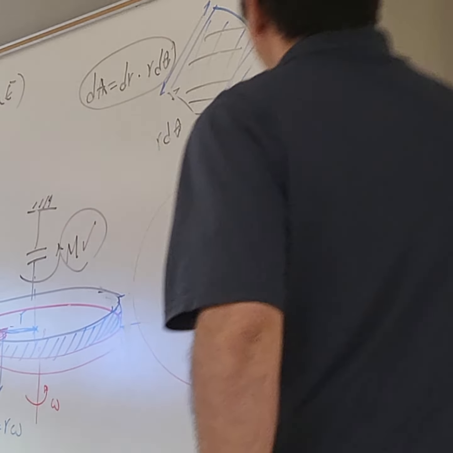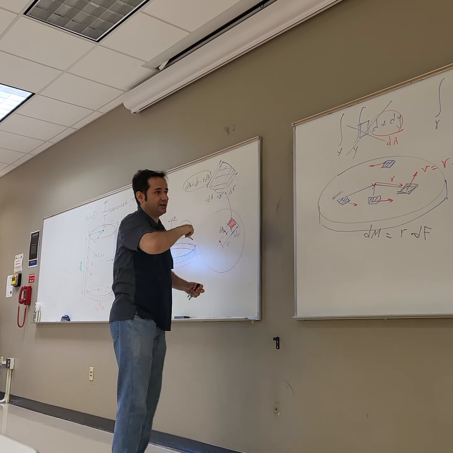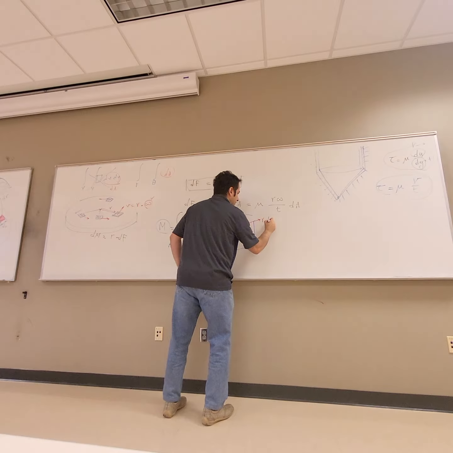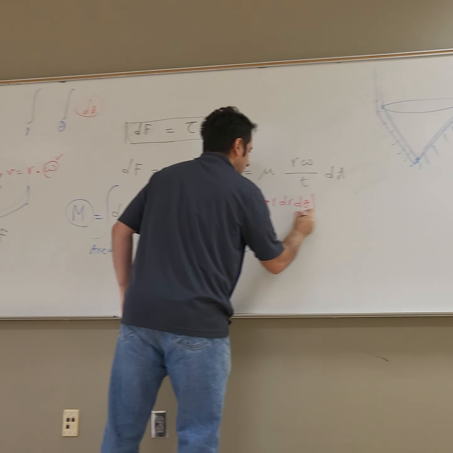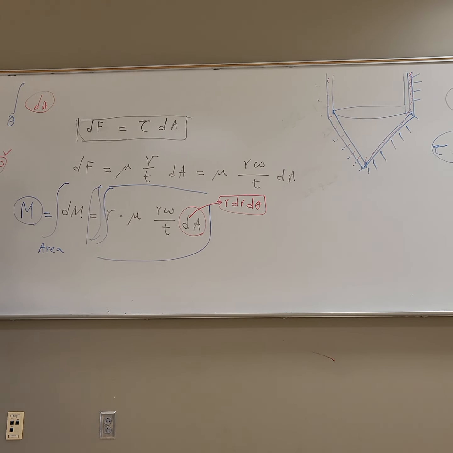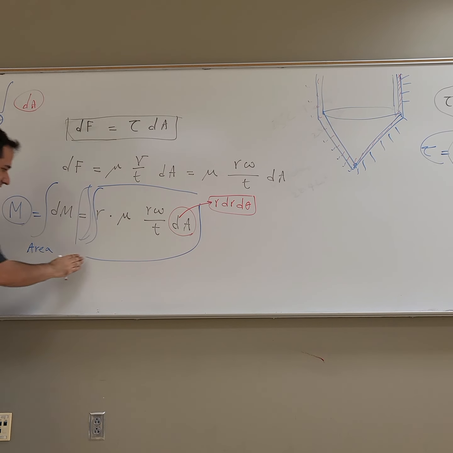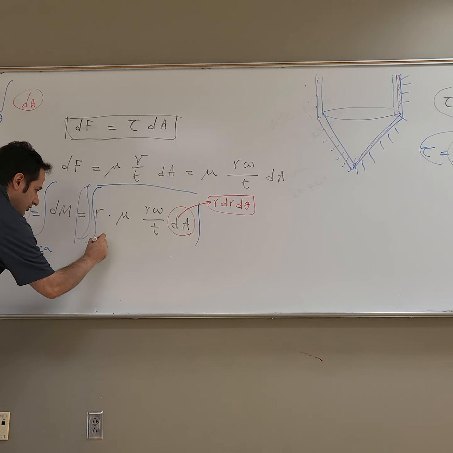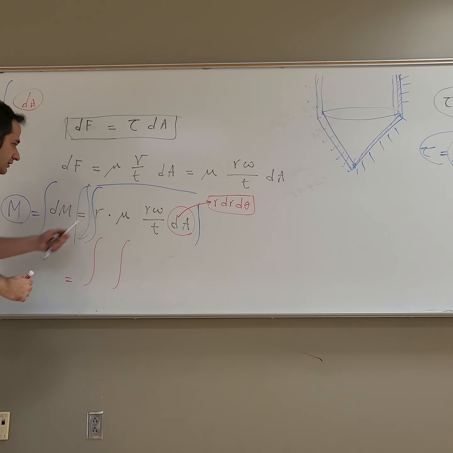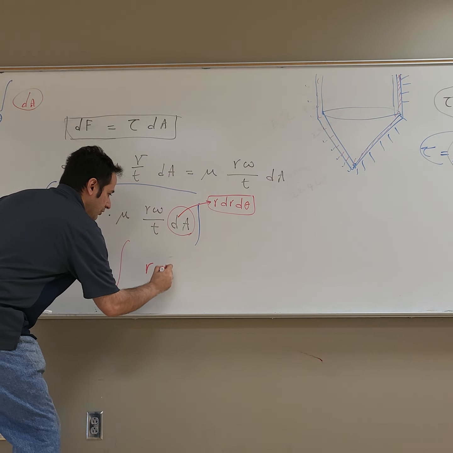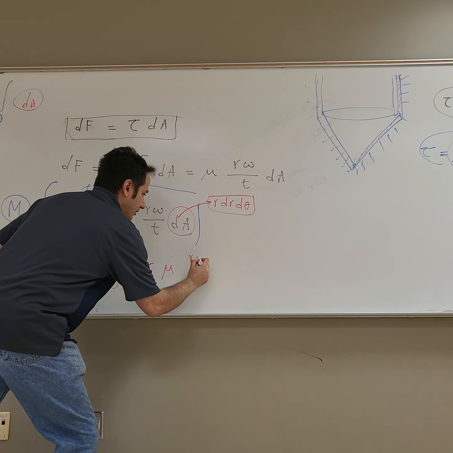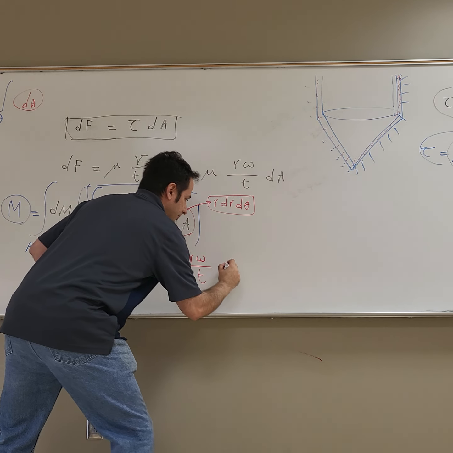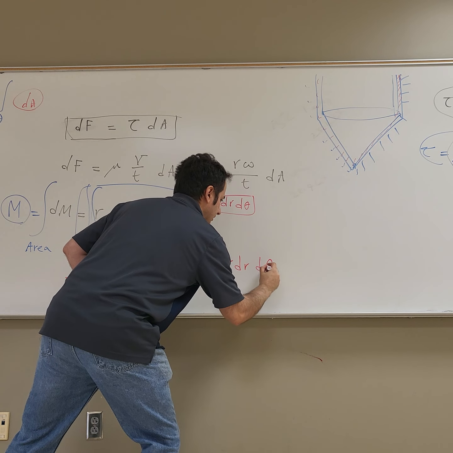So using this relation, I put it back here. Instead of dA, I write R dr d theta. That's my dA. So I'm going to expand this relation. You're going to get the double integral of R mu R omega over t, and instead of dA, you just write R dr d theta.